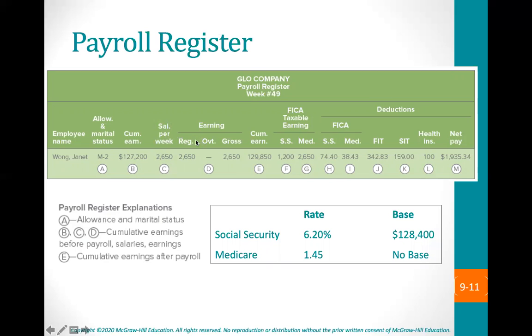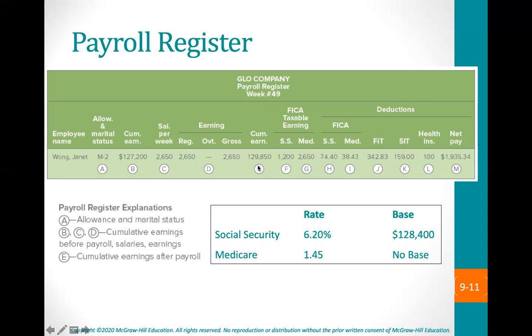So column D tells you how much she earned this week. Her regular pay of $26.50. She did not have any overtime, so her gross pay is $26.50 this week. Gross at the top before any deductions, which is what is over here. So she has a gross pay of $26.50.